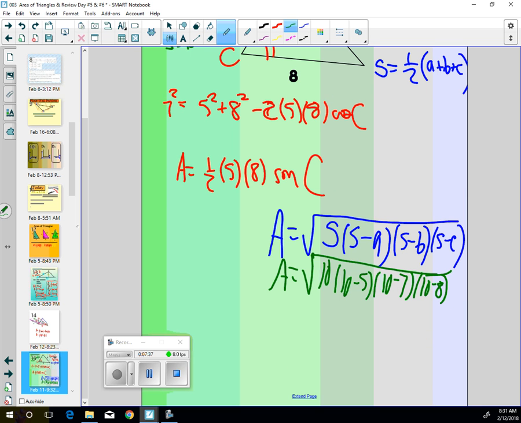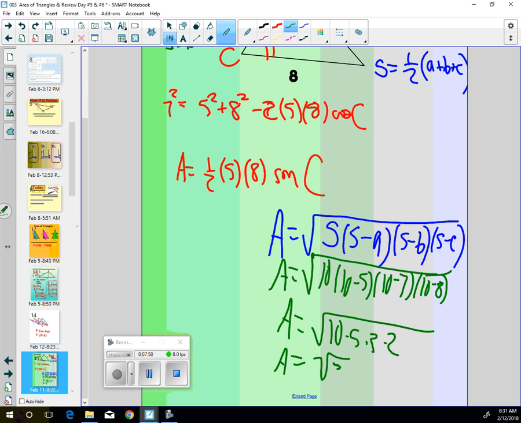So this is going to be the square root of 10 times 5 times 3 times 2, which is 50, 100, square root of 300. Does that sound right? Units squared. Do you see how much easier this formula is?